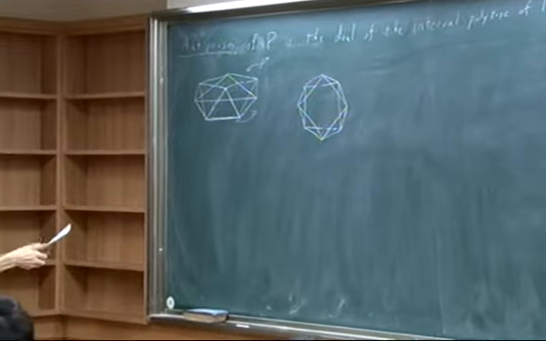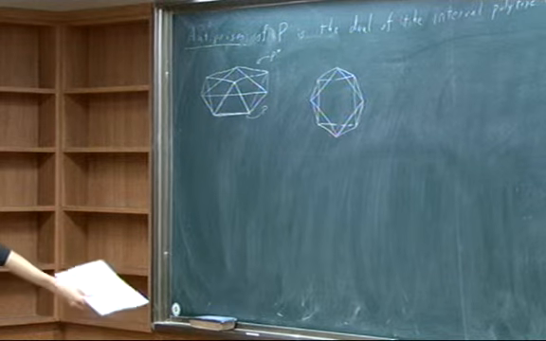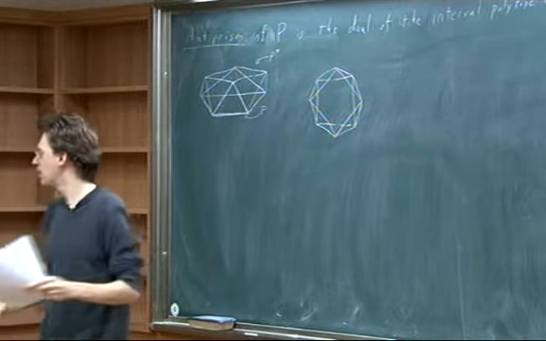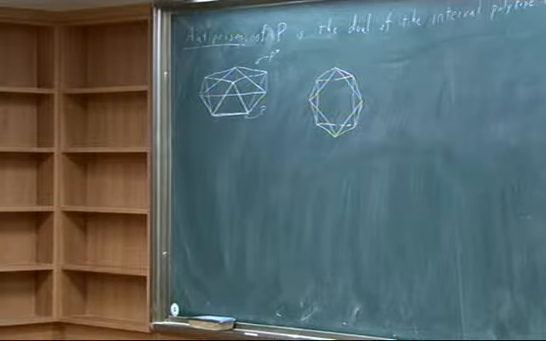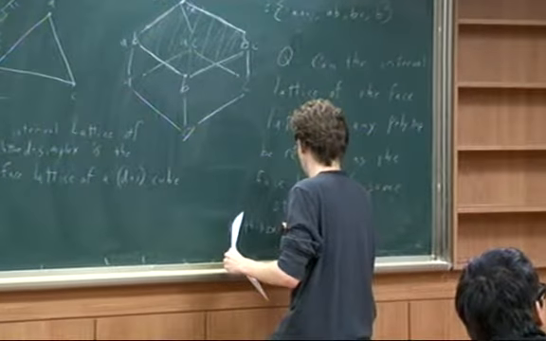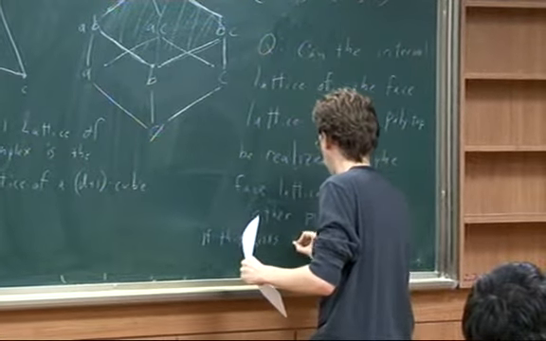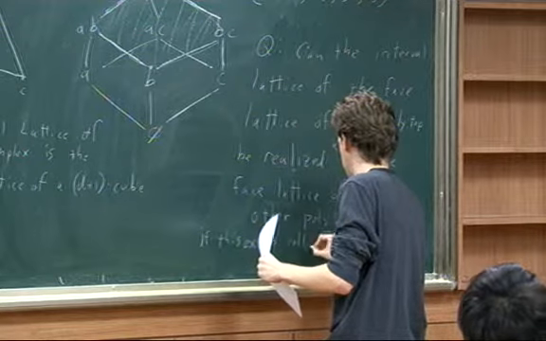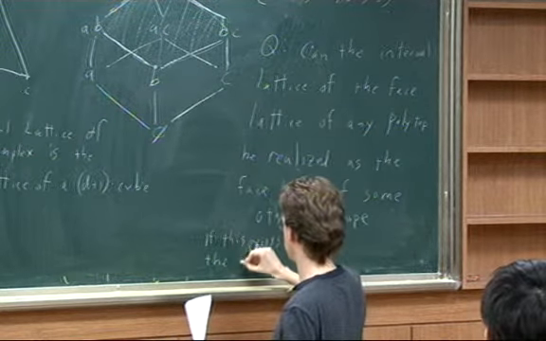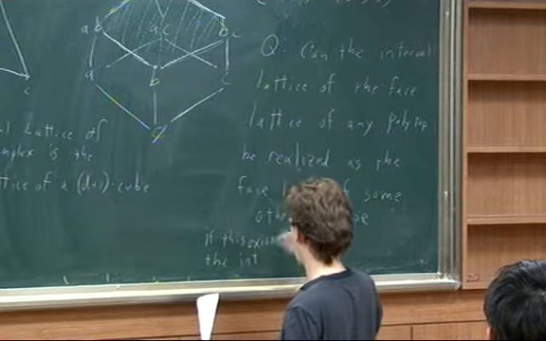So what is the interval polytope? You're saying that thing is unique? If this exists, call it the interval polytope. That's unique up to the combinatorics.